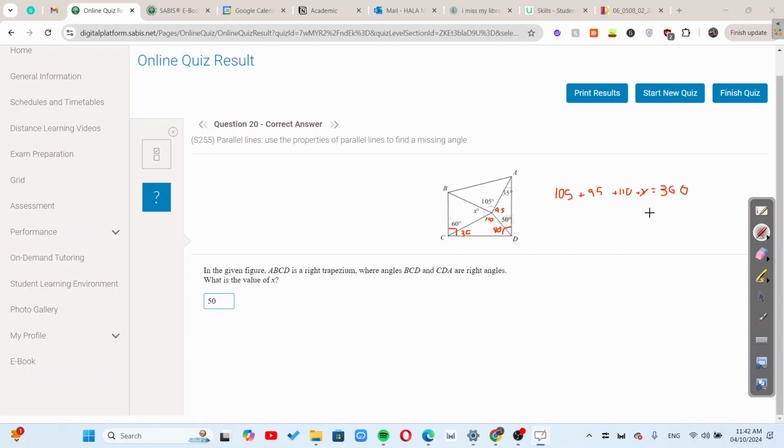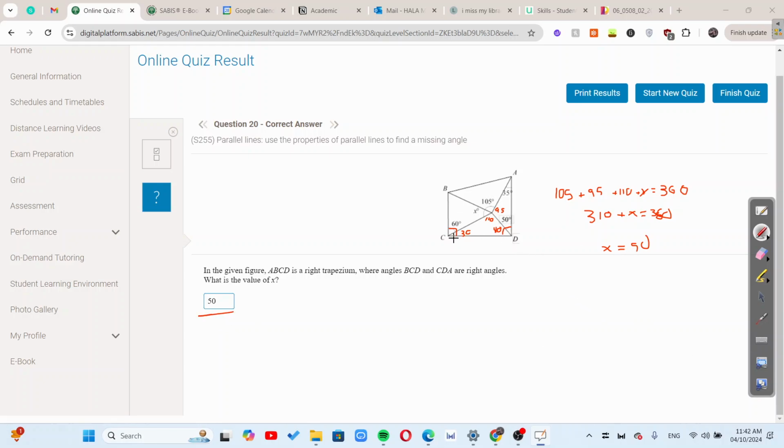Once you add all these numbers in your calculator, 105 plus 110 plus 95 is 310. So 310 plus x is 360. X equals 50. And that's how you get your x.